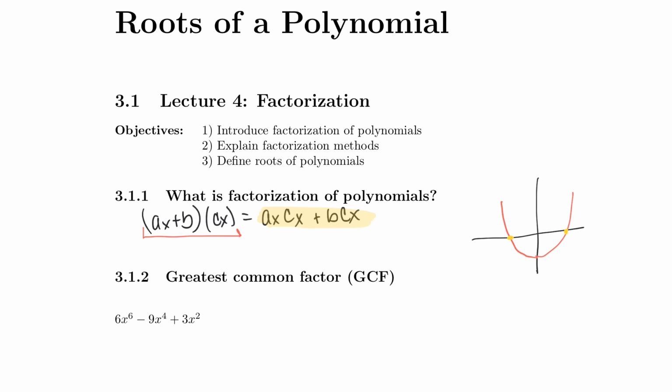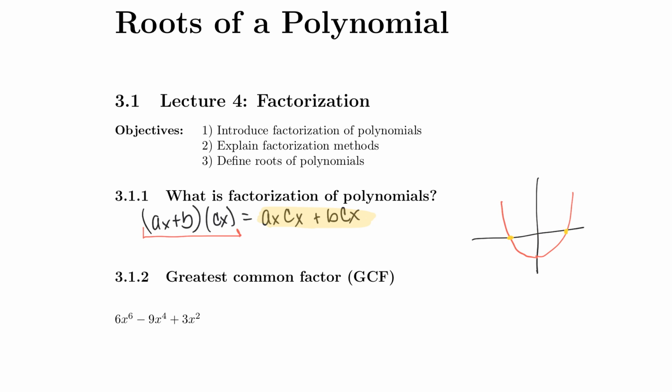Okay, so for example, for this quadratic function, these 2 points are the zero points or the roots of the polynomial, because when you substitute these two values of x into the polynomial, the y value is going to give you 0.